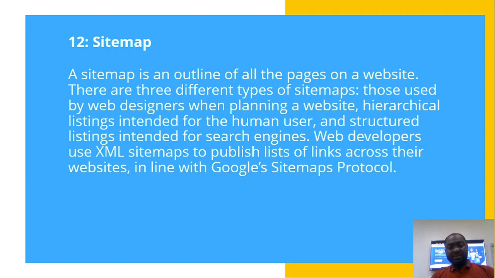The XML accesses all the pages and puts them together, and you need this when you want to submit your website to search engines. Maybe you want to submit to Google, Yahoo, Bing, and whatever other search engine you might have in your own country. So it is important for you to understand how a sitemap works.